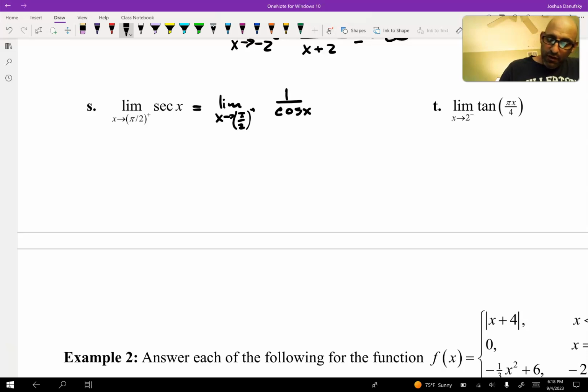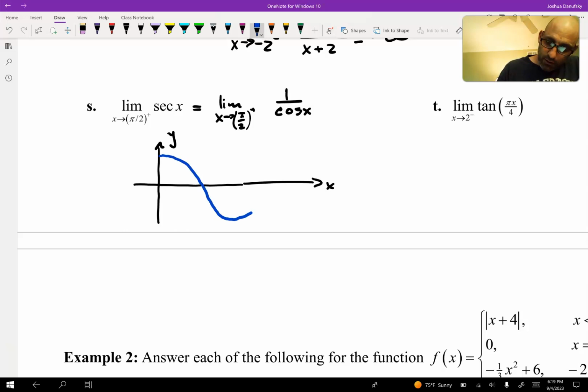And then if you think of the graph of cosine, it's doing something like this, right? And right over here, we have pi over 2, okay? And what we're saying is we're approaching pi over 2 from above. So we're approaching like this.